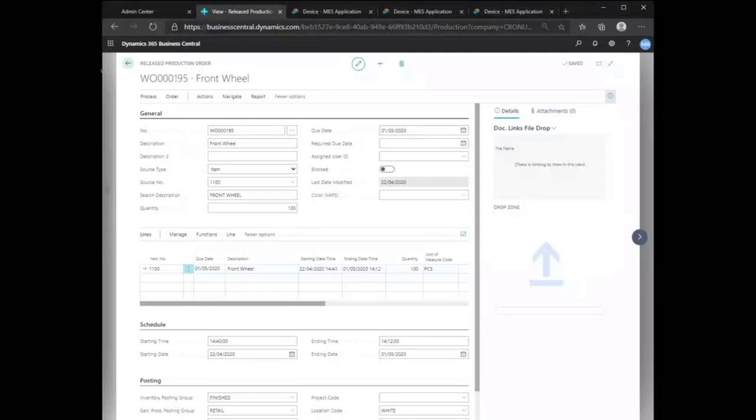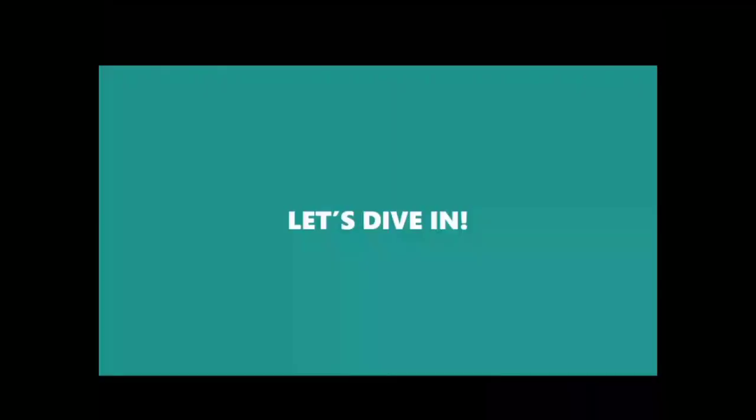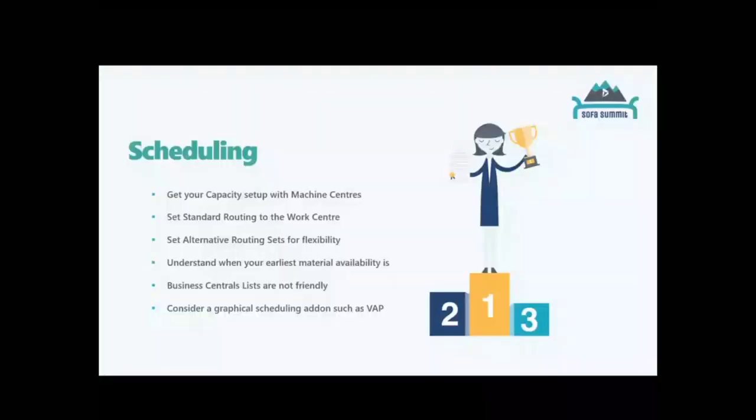So let me just run that on. I've done that. So scheduling. So once you have your capacity set up in your machine centers and your work centers, you can set some machine centers to finite capacity and have others for infinite. But a lot of companies these days set everything to infinite and then cope with it.